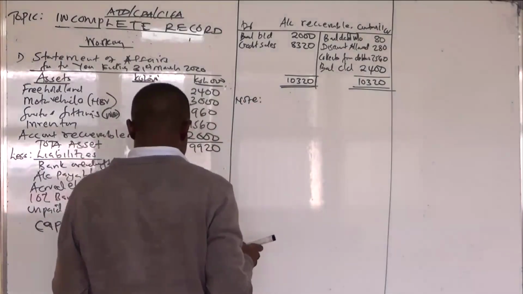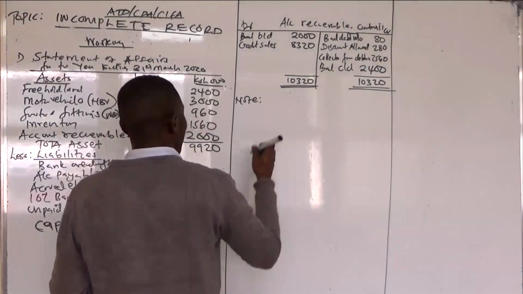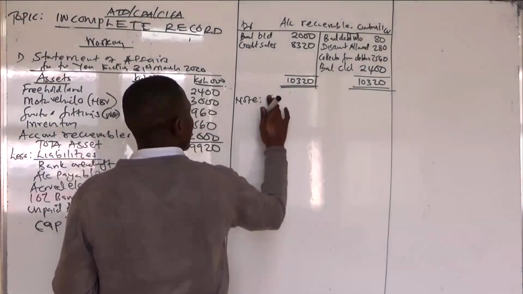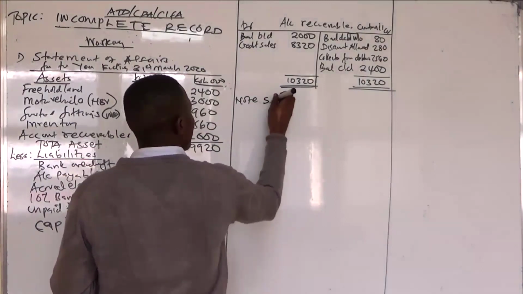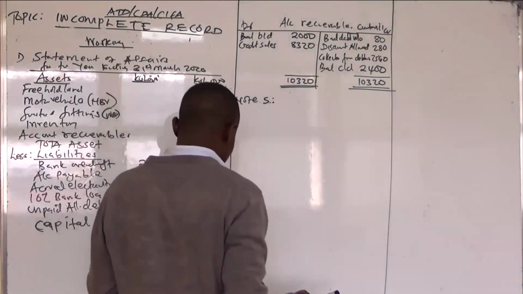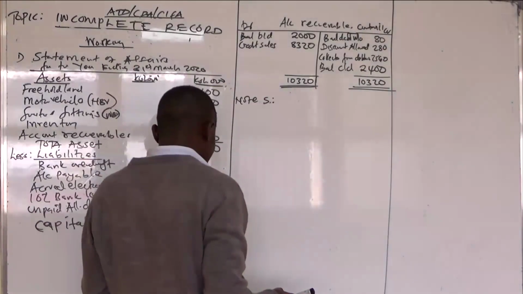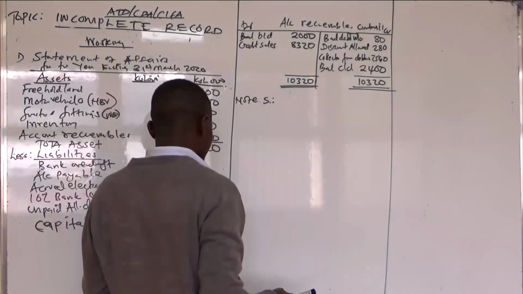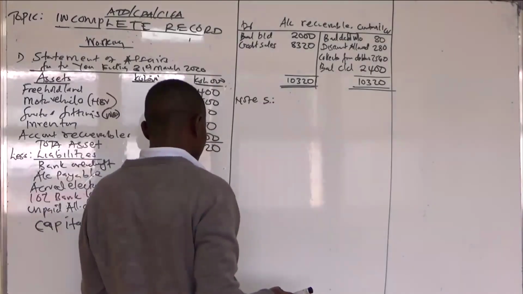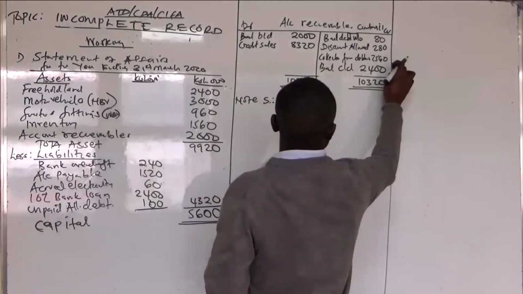So now we can create note number 5. What did they say? Note number 5 says the allowance for doubtful debt is maintained at 5% of the outstanding accounts receivable at the end of the year. Outstanding is this.